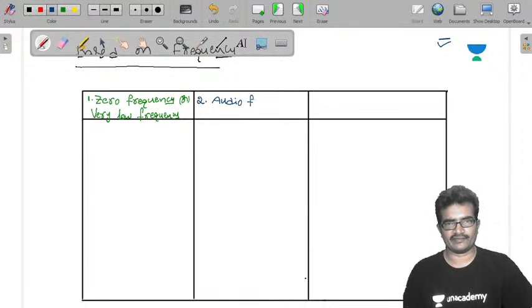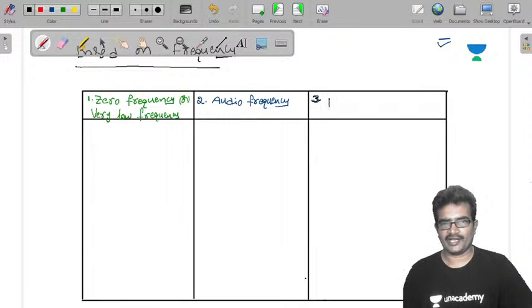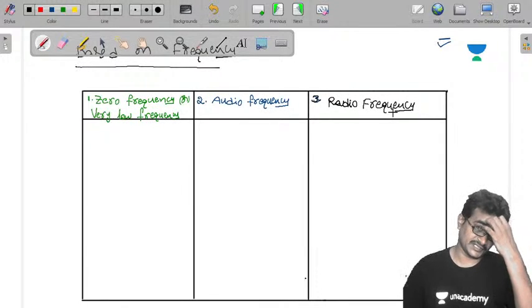And the last one is radio frequency. Okay, this is the classification.